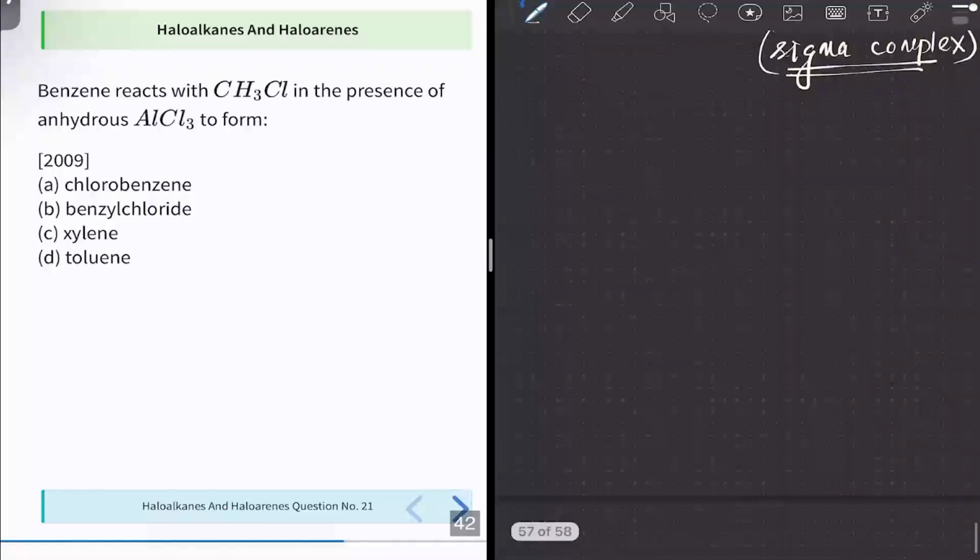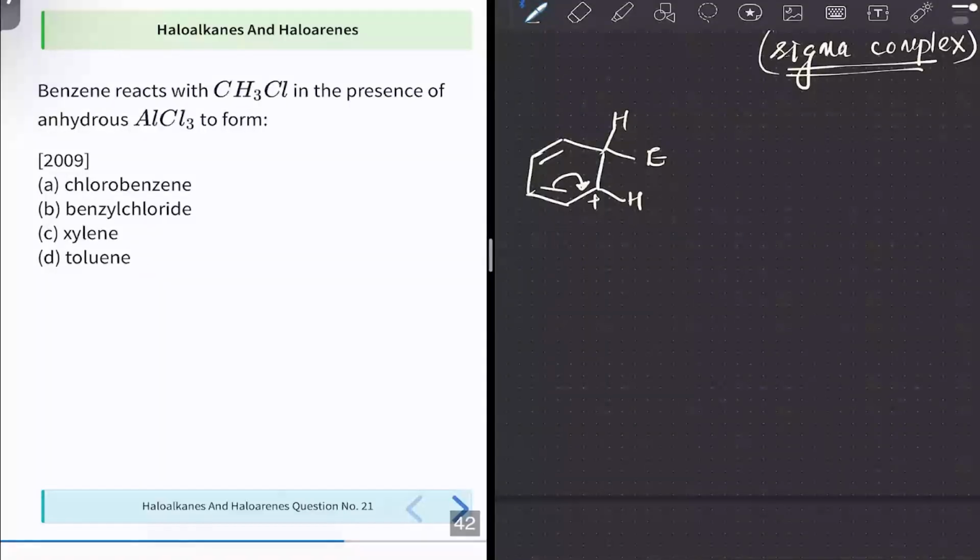What will be the resonating structures here? This sigma complex will be resonating. This carbocation will be stabilized by the conjugating double bonds.